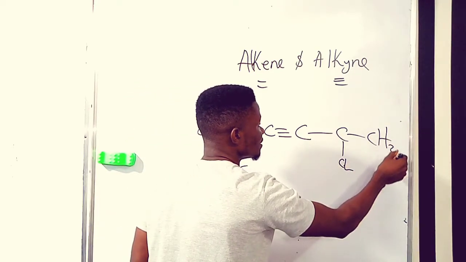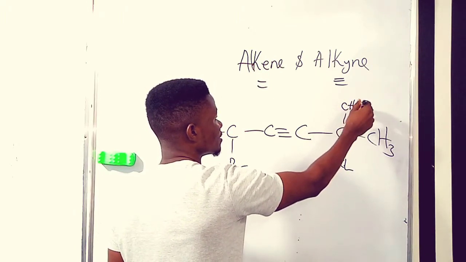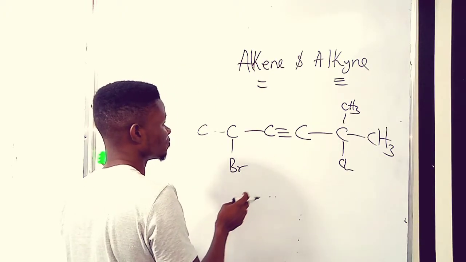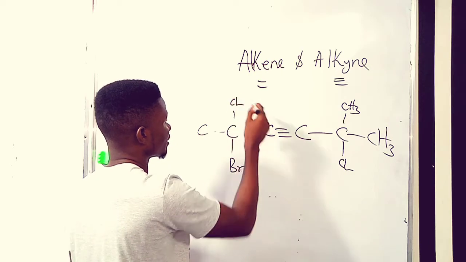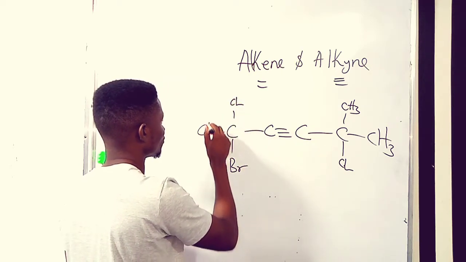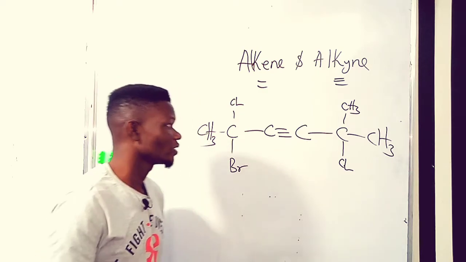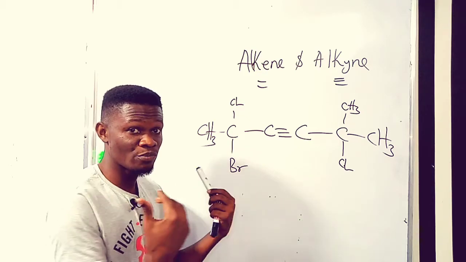I put here CH3, I close this aspect, and I put here CH3. This other side is closed, nothing more. All right, I put here chlorine again. This side is closed. All right, looking at this compound, it's a little bit complex.